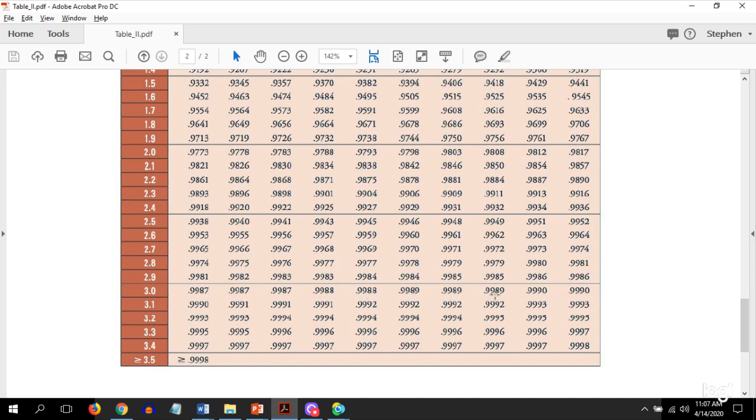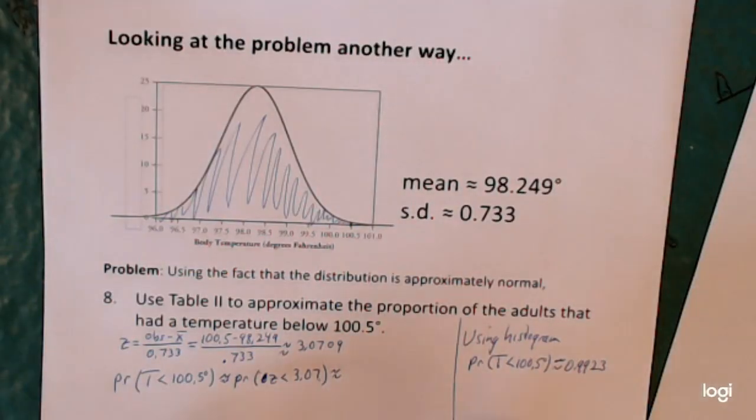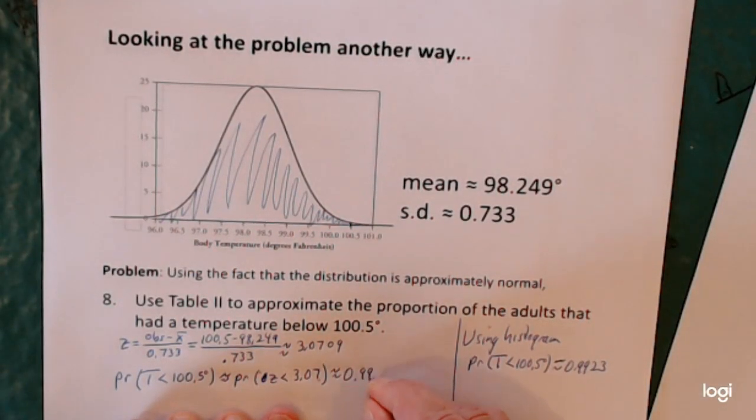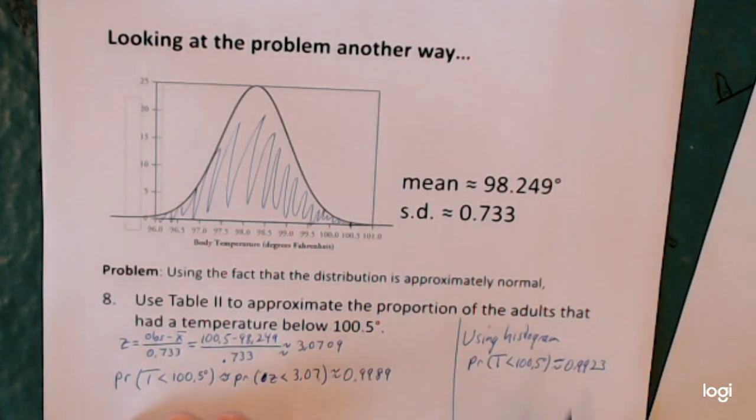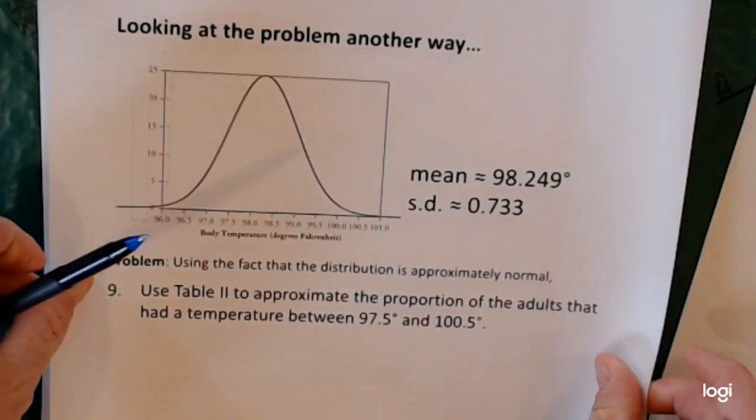So I get 0.9989. Okay. Again, not a perfect match, but pretty close, right? All right. Okay, one more.